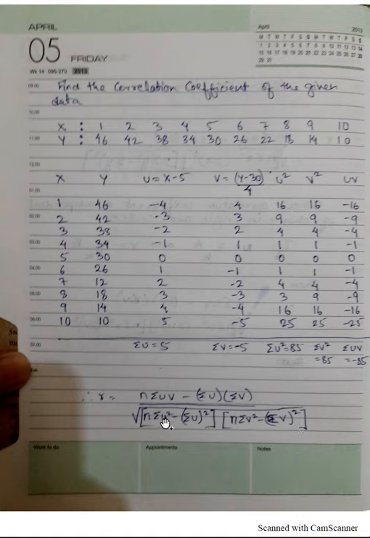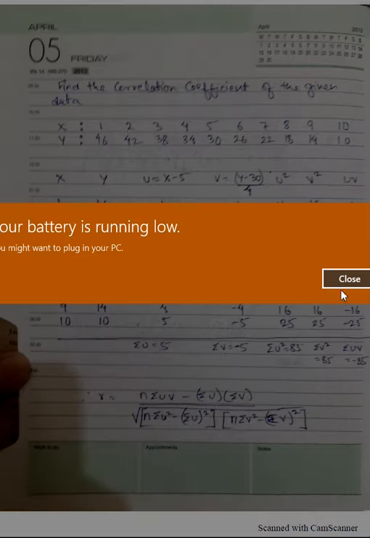Now this summation u square is the addition of all the values under u square, and this summation u whole square is the square of the addition of these values, that is, the square of summation u. These two are different things, we will keep that in mind.